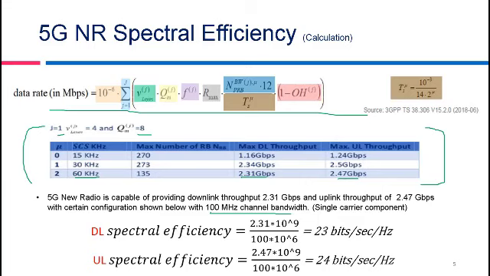So keeping these data rate values and channel bandwidth in the spectral efficiency formula, for downlink we can get about 23 bits per second per hertz, and for uplink we can get 24 bits per second per hertz.